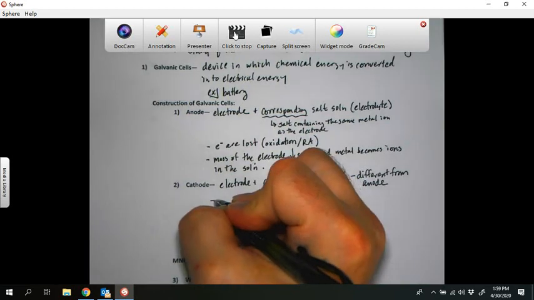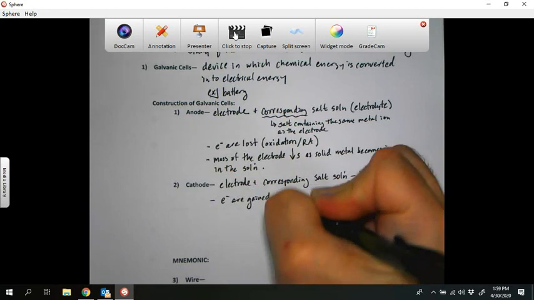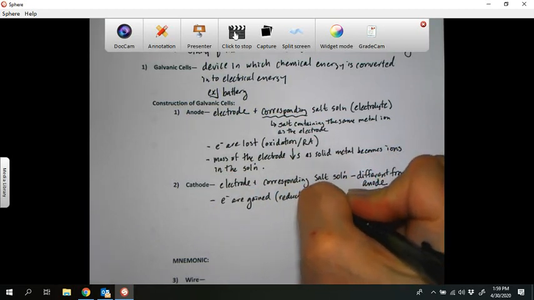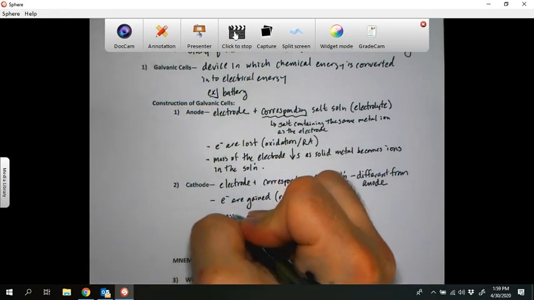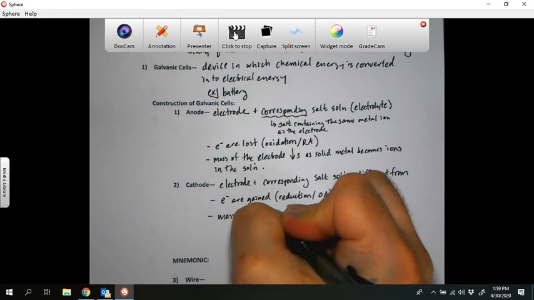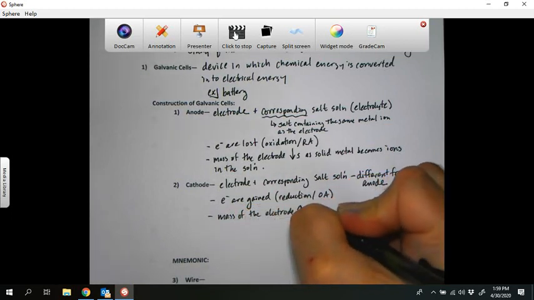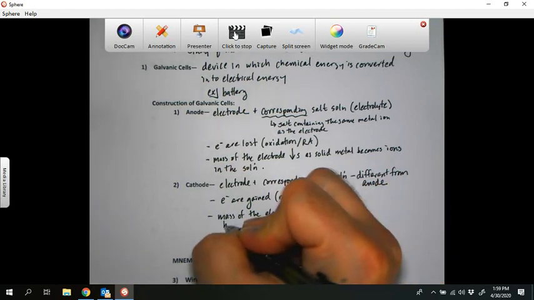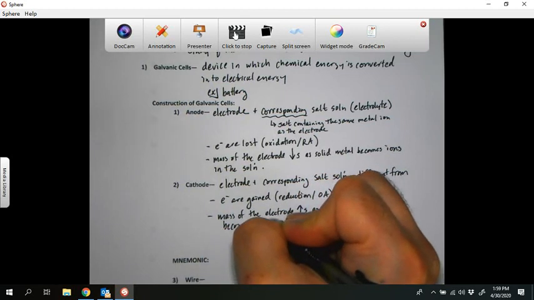Here, electrons are gained. So this is where we have reduction, and the cathode is the oxidizing agent. And the mass of the electrode increases as metal ions become solid metal.